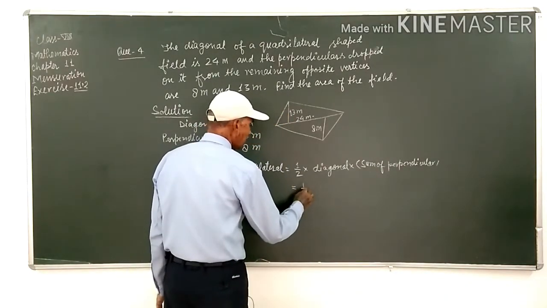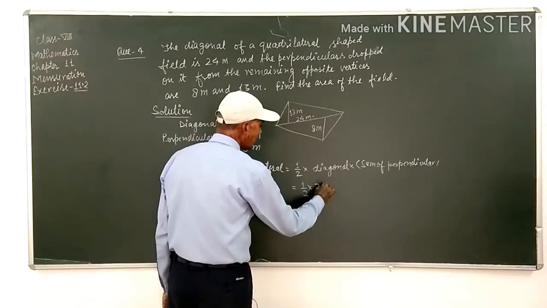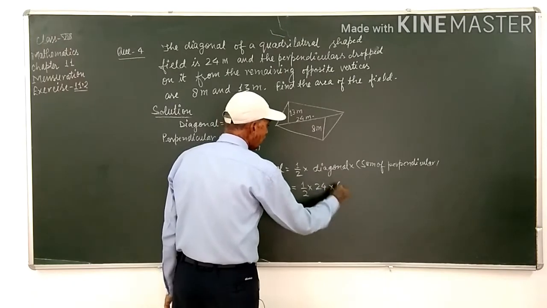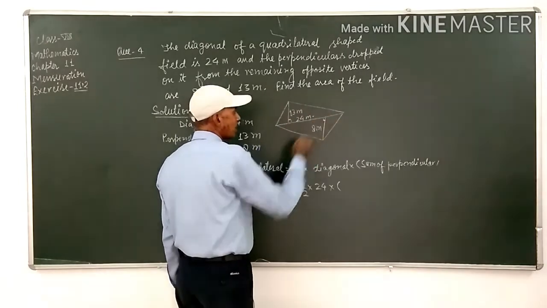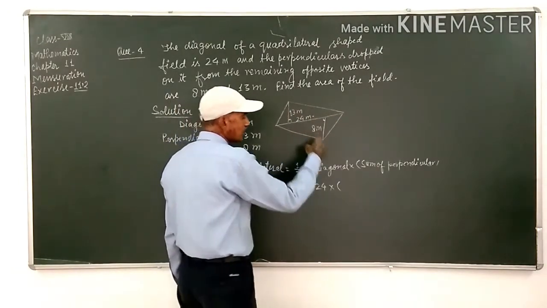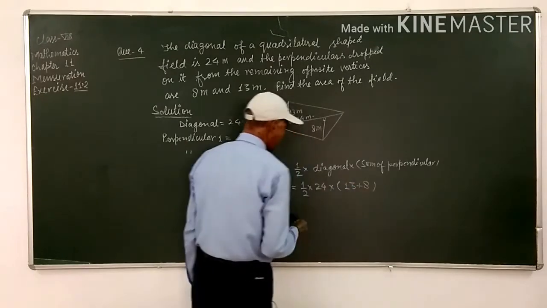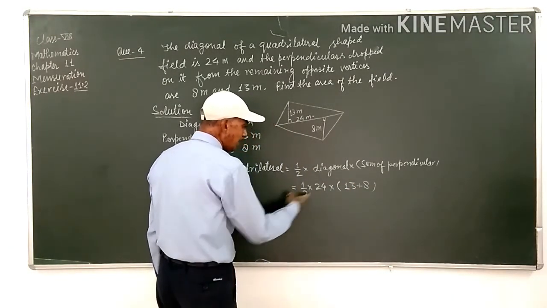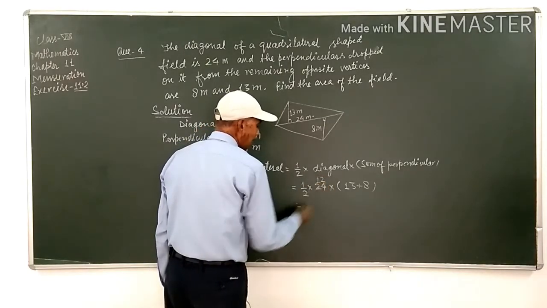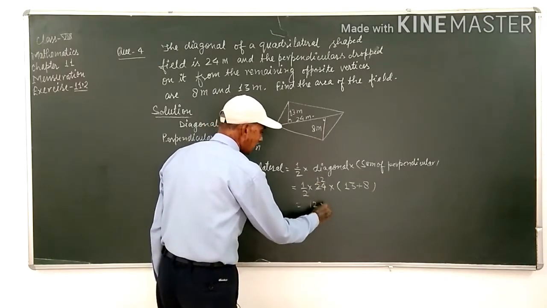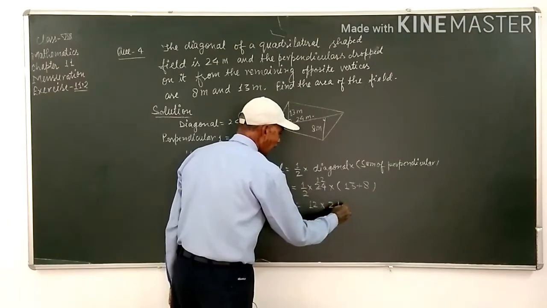So 1 by 2 into the diagonal, 24 meter, into the sum of the perpendiculars, 13 plus 8. Dividing 24 by 2 gives 12, into 13 plus 8, which is 21.